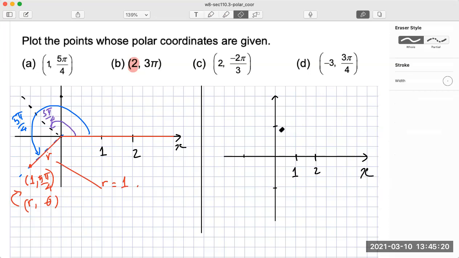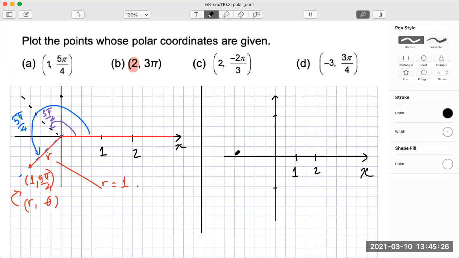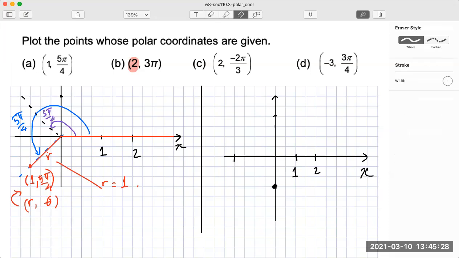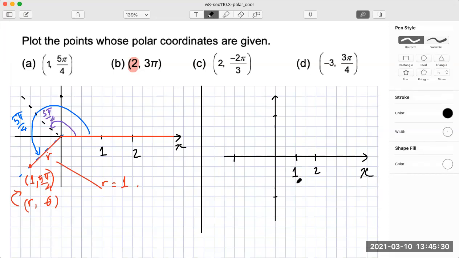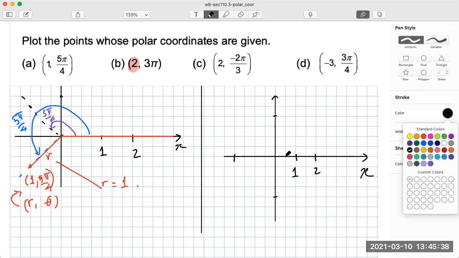Oh, I mean, it should be here for unit. It will be on this circle. Imagine there's a circle here, right? And the angle is 3 pi. It means that we start from here, 0 on the OX axis.